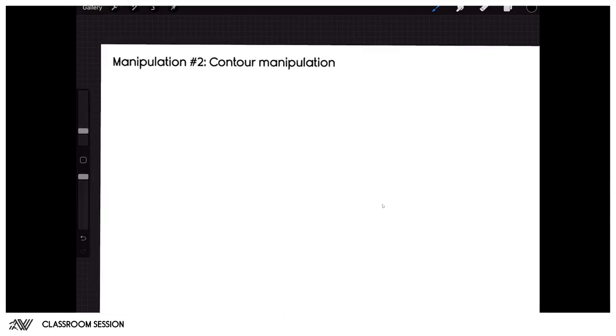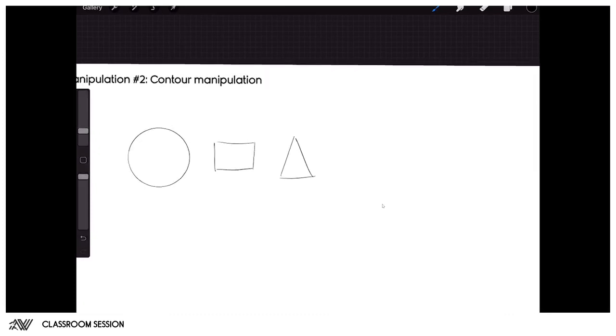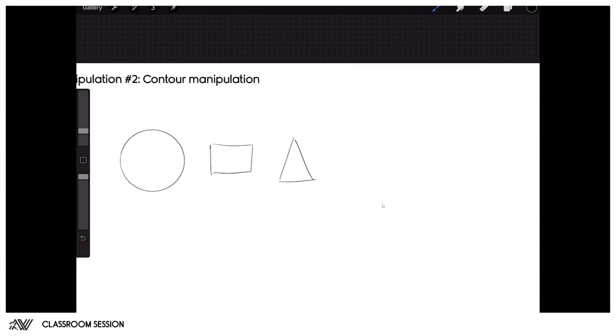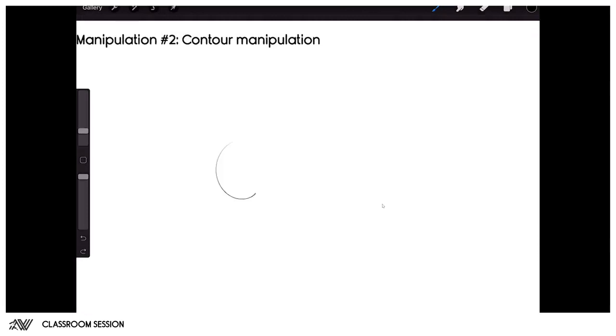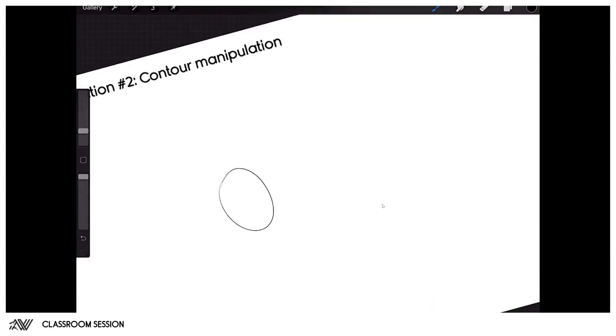However, instead of the contours being very simple, like a circle or a square, or even a triangle, which is already a little bit manipulated, we are now going to manipulate the contour itself. And this is where I find you should spend a lot of the time this week, because this is where you can really, really practice your design skills.